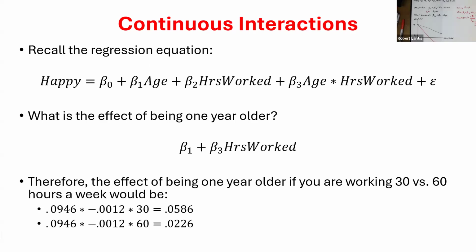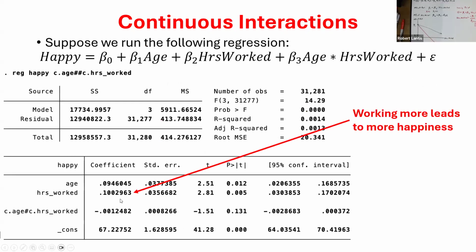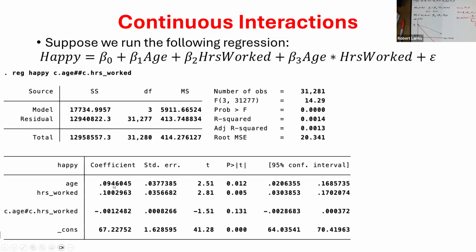So there will be a point at which this switches from positive to negative. What would that point be? We could find that turning point using the ratio of the coefficient on age to the coefficient on the interaction term. I'm guessing, I don't know how high it is, probably somewhere around 80, if I was just looking at that decrease in the marginal effect.